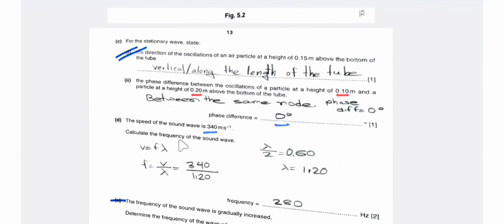Then we are given the speed of the wave, that is v. Calculate the frequency of the sound wave. So v is equal to f lambda, so f is equal to v by lambda. What is the wavelength? For this wave, the total length that is covered is half the lambda.